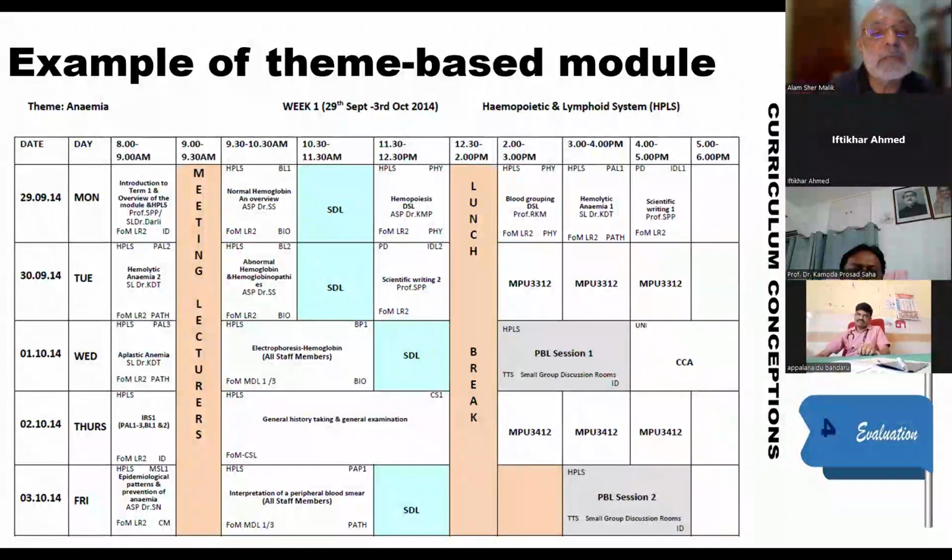So here is the biochemistry session, then the physiology session, the pathology here, right? And pharmacology. So all the disciplines are contributing to the theme of the week. And in this way, the content which we have sorted out is taught under an integrated curriculum.